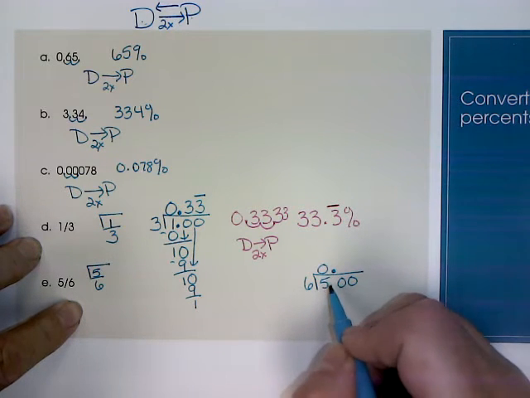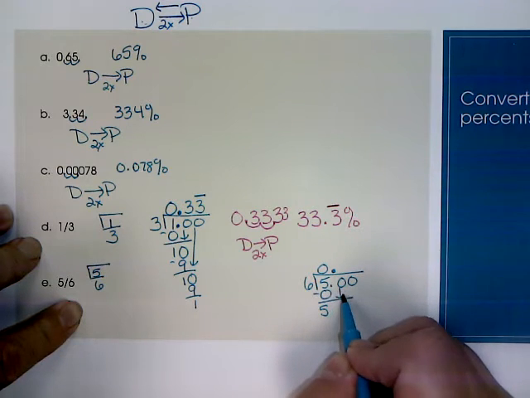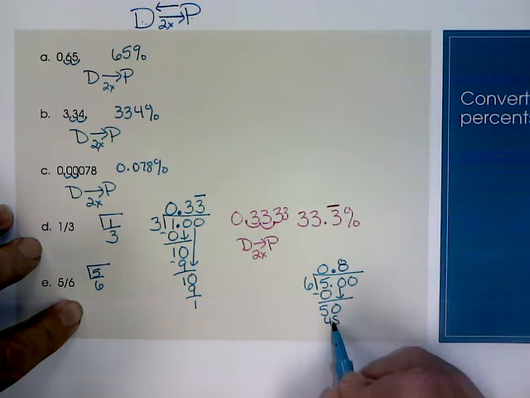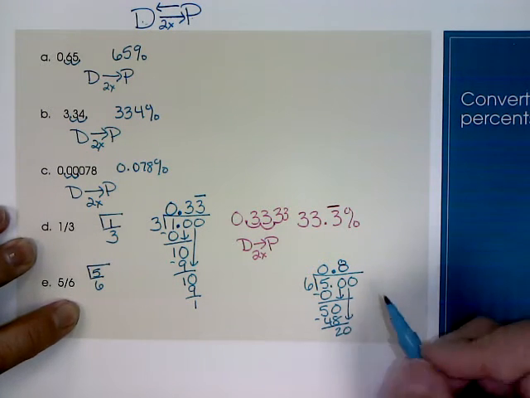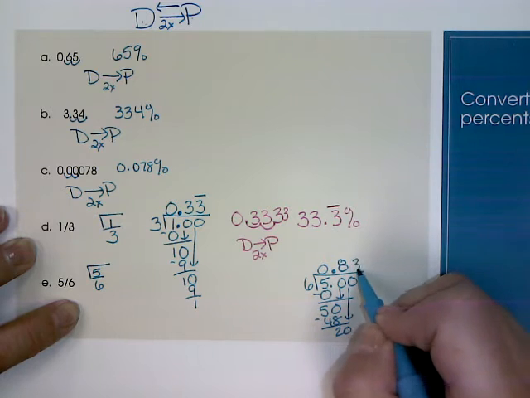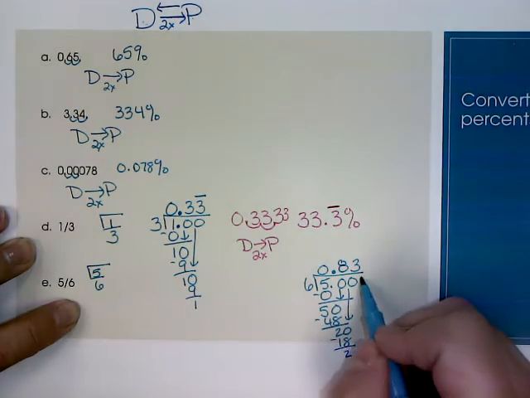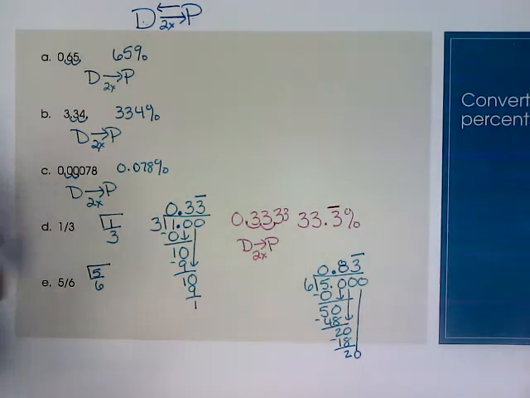There are 0 6's that can fit into 5. Subtract. Bring down your first 0. 8 times 6 is 48. Subtract gives me a 2. There are 3 6's in 20, which gives me 18. Subtract gives me another 2. And same thing, you're going to see that that's going to become a repeating number.